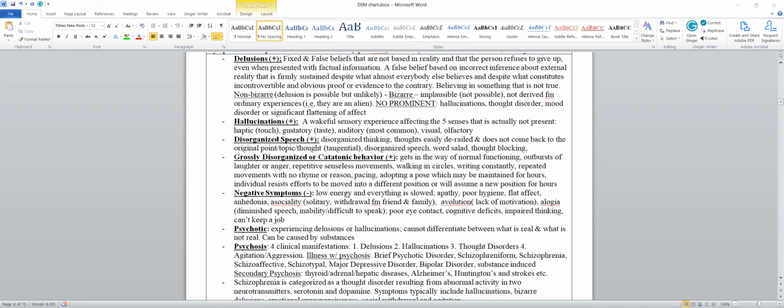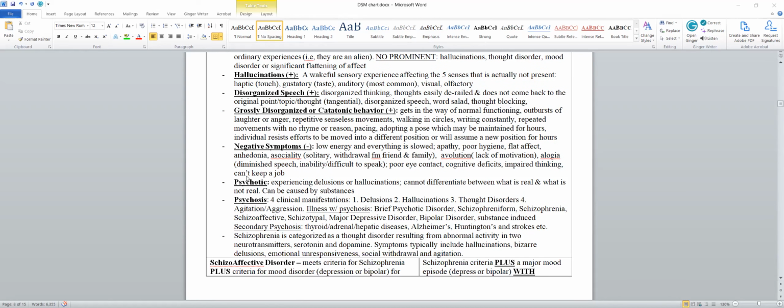These are all negative symptoms. I would leave the can't keep a job out of the negative symptoms.